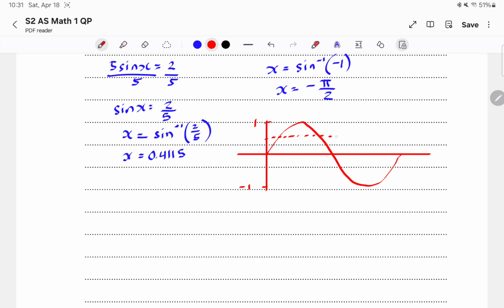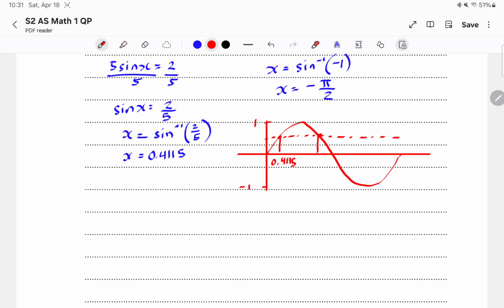If you draw a line here, you'll see that it will strike the graph 2 times. So that means we don't have just one solution, we need another one. The 0.4115, the angle you get from the calculator, will be the one from the first quadrant.